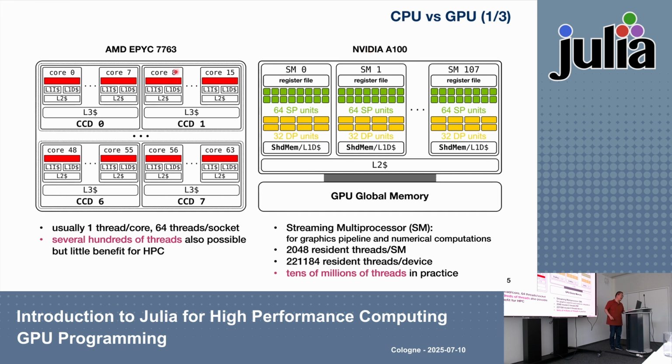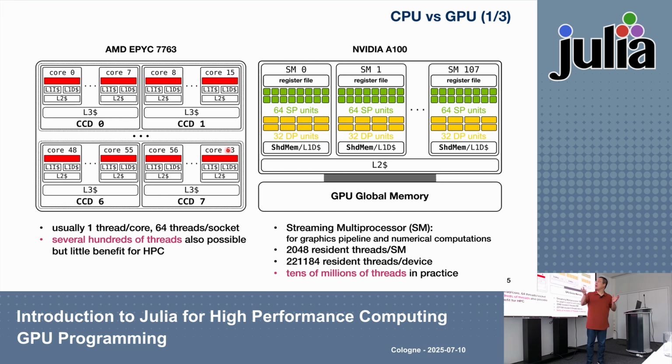The detailed technical names, for example, core and CCD, are not really the key of this slide. Let's look at the CPU architecture first. As we mentioned during the course, in one CPU socket, you have up to 64 CPU cores, from core 0 to core 63.